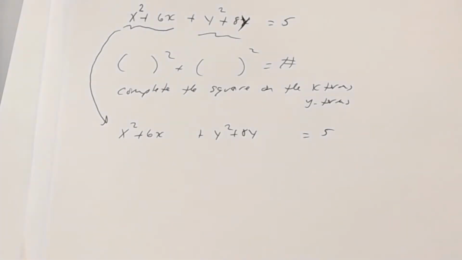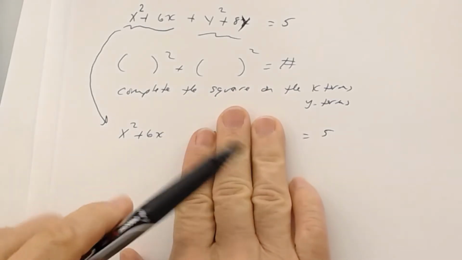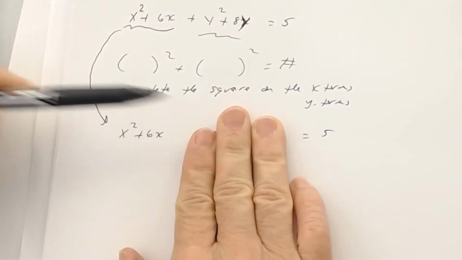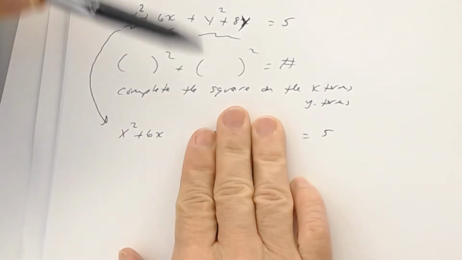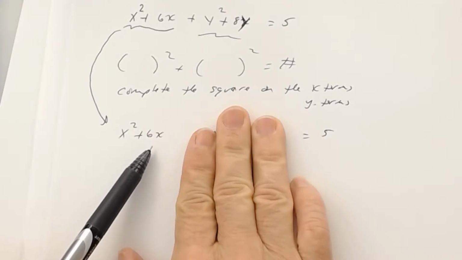All right, let's complete the square on the x's, just like we did with solving the quadratic equation. So forget that the y's are here. Just look at this. If this right here were my quadratic equation, how do I complete the square on this? I take the coefficient of x, which is 6.